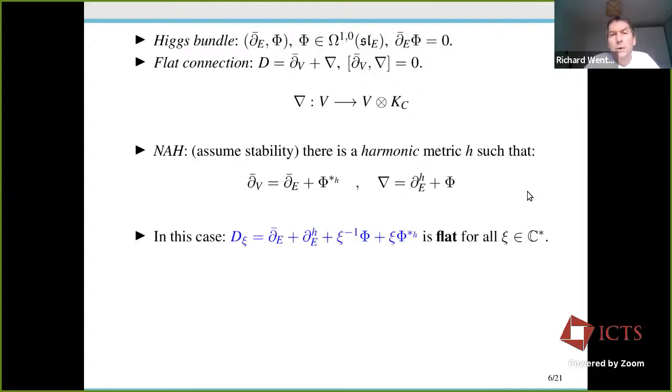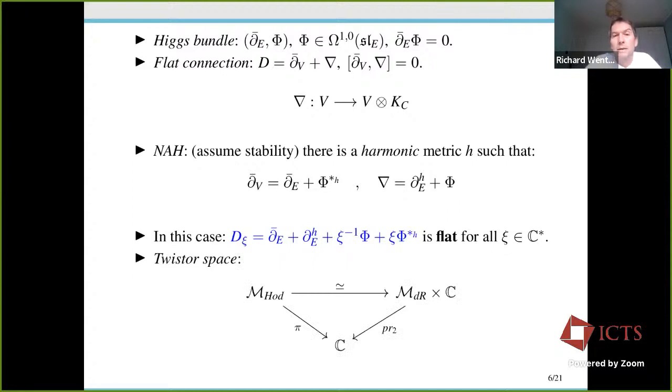Okay, so another way to say this is that, given a Higgs bundle, we get a flat connection by this identification, and then you'll notice it's slightly more general than that. You can also scale the Higgs field, these two components, and get a whole family of flat connections this way. And this kind of freedom to do a scaling is a reflection of the hyperkähler structure.